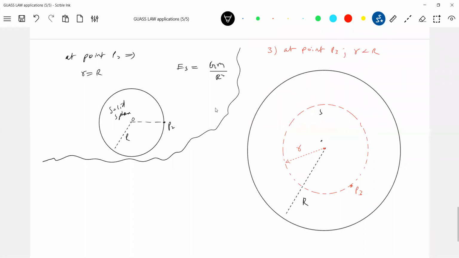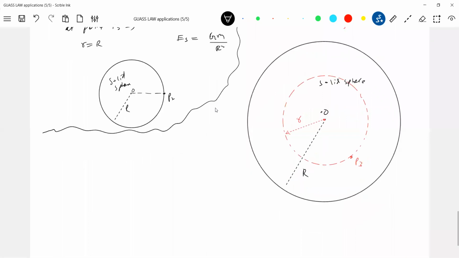I'll write like this, a rough diagram of the solid sphere. What is this dotted line? The dotted line is a Gaussian surface, or better say a Gaussian sphere, whatever you call it.